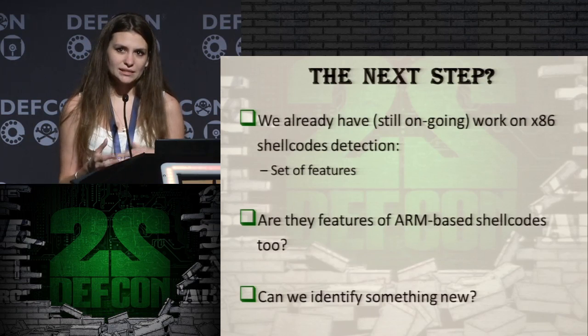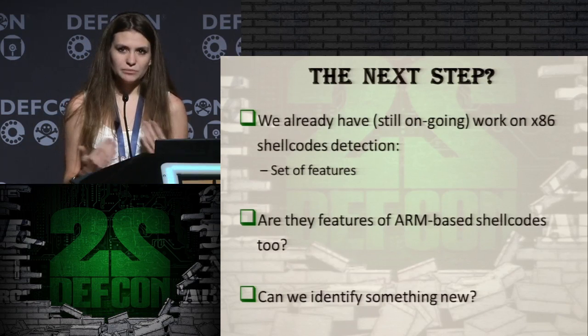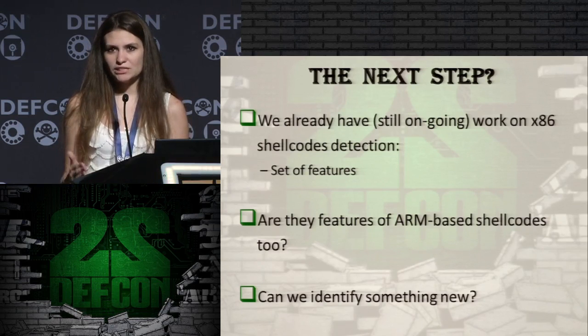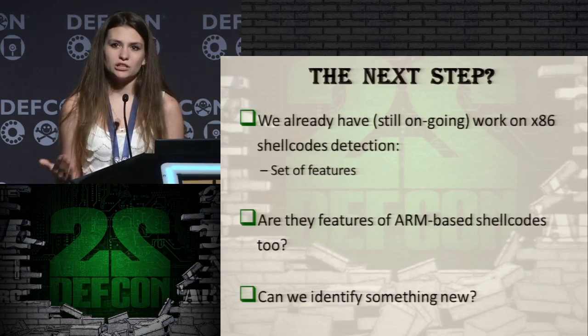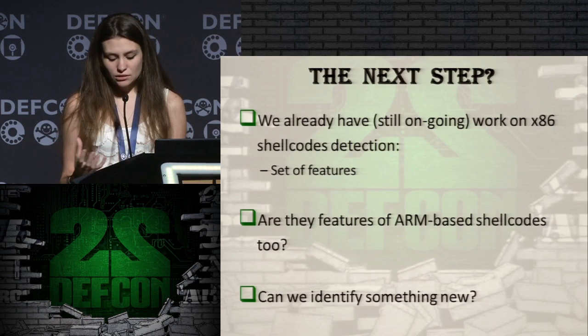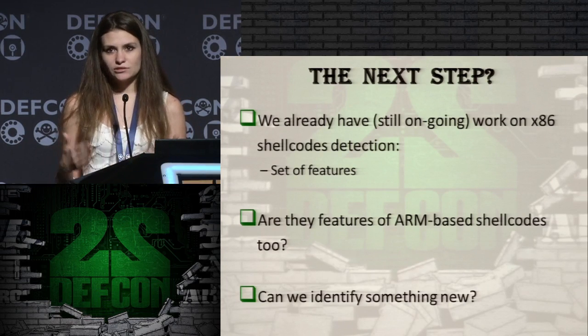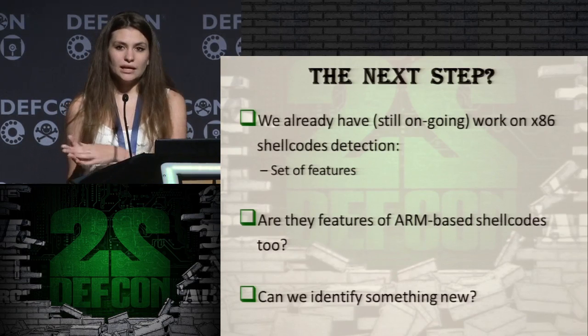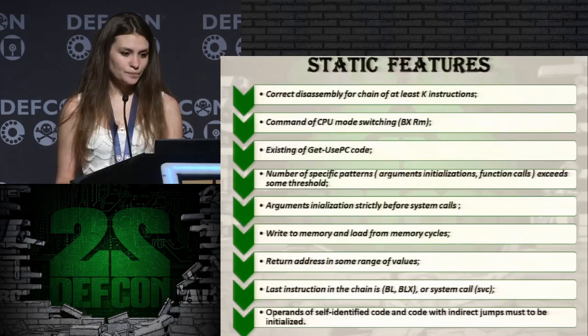It's not signature based, it's specifically behavior based, and it tries to analyze specific types of obfuscation which are typically used by shellcode writers. For now, we want to understand whether those features are applicable to the ARM-based platform, and whether we can identify something new.